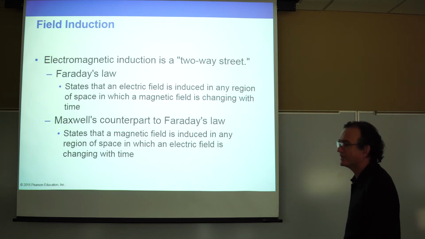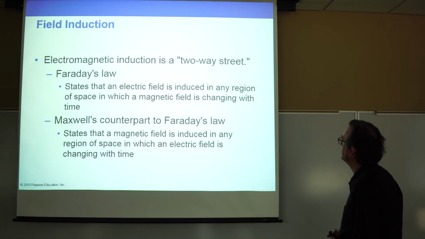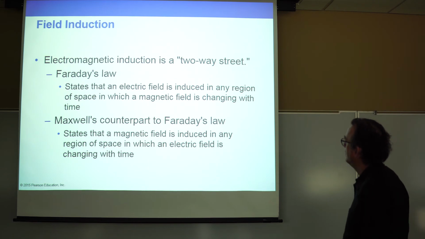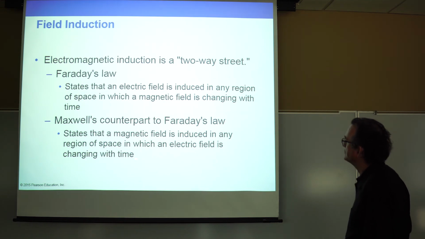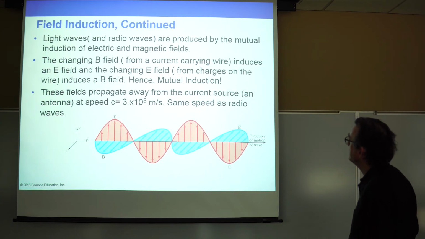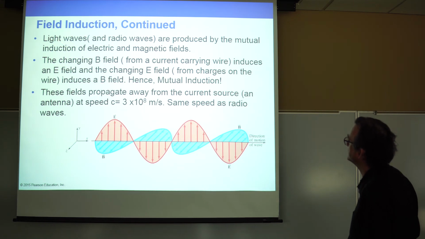So these have complementary effects: you can create an electric field, which is voltage in a wire, by making a magnetic field that changes with time, or I can generate a magnetic field by making an electric field that is changing with time. So these things are complementary with each other. And this leads to the idea that light waves, and also radio waves, are produced by the mutual induction of electric and magnetic fields. The changing electric field generates a magnetic field, and the changing magnetic field generates the electric field.